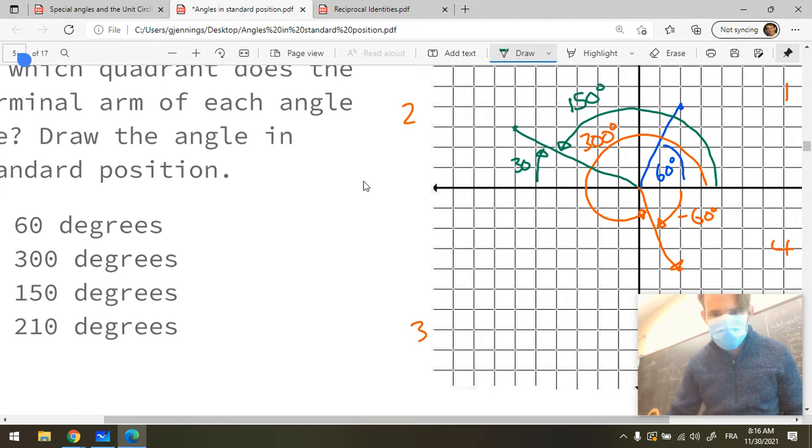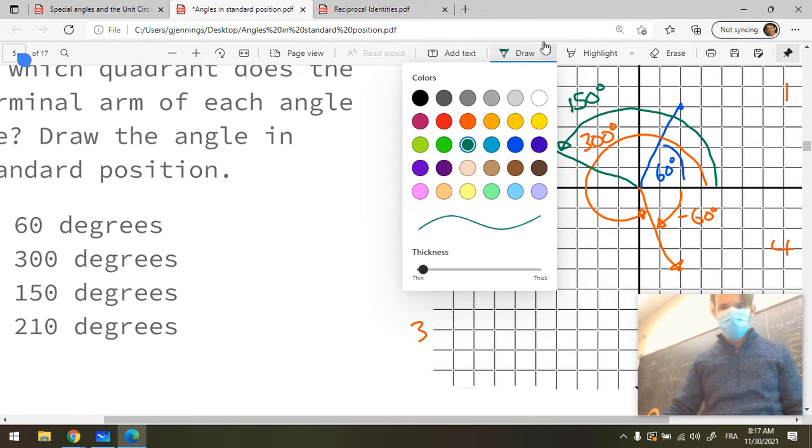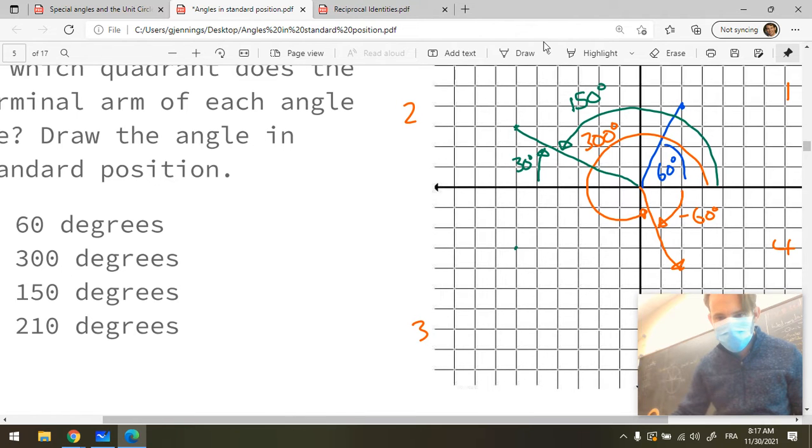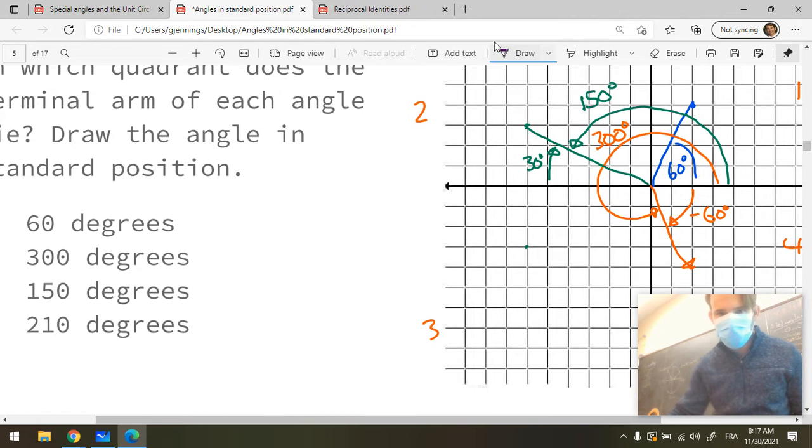If I do more than 30 degrees, that's basically just a reflection through the y-axis of that angle there. So I'm going to use another color here. We've got red, we'll do purple. Okay. So here, if I reflect this angle through the y-axis, that will give me 210 degrees. Oh, and I'm not drawing. So that there, 210 degrees.